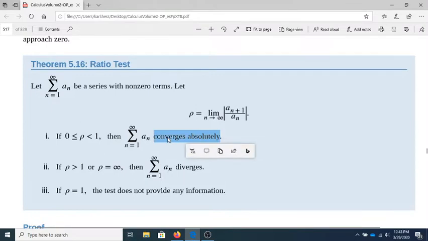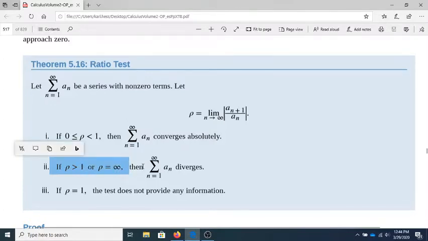Now remember, converging absolutely means that it converges, but it's actually a little stronger statement. It means it would converge even if we dropped out any negative signs on the terms. But it definitely converges. Now on the other hand, if that limit turns out to be something greater than 1, or if it turns out to be infinity, then the test says that the series diverges.